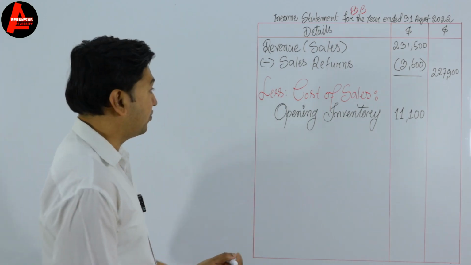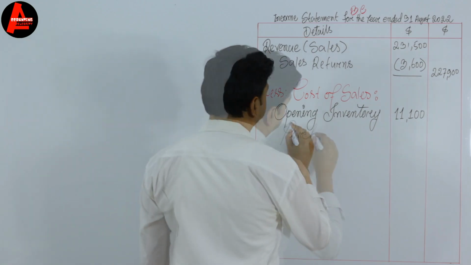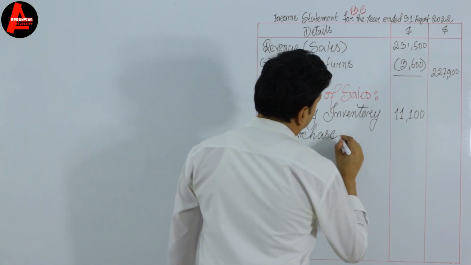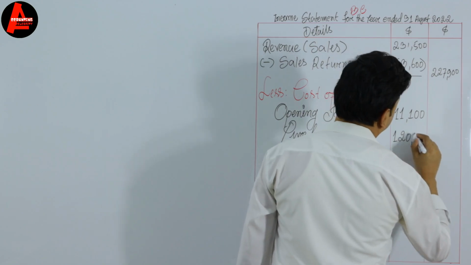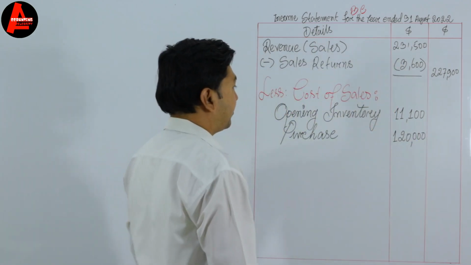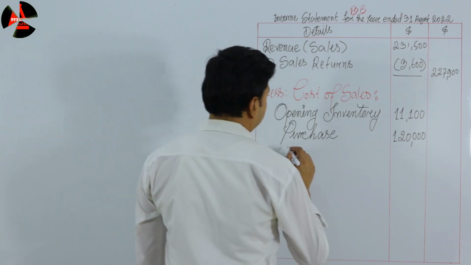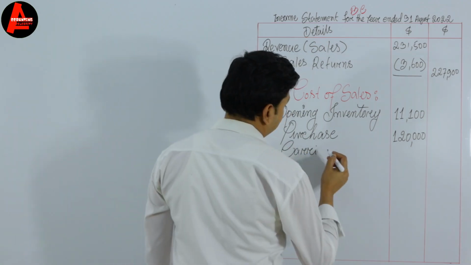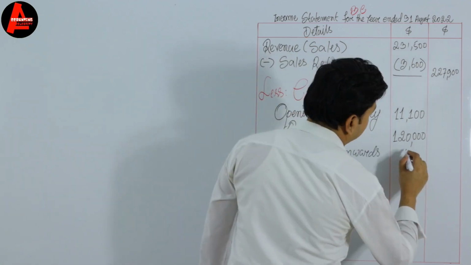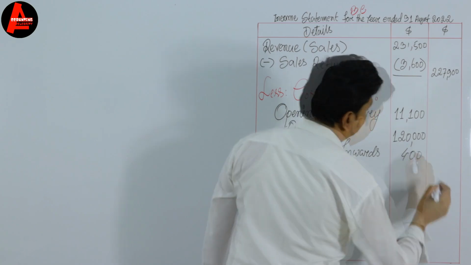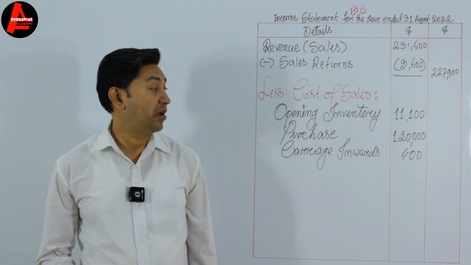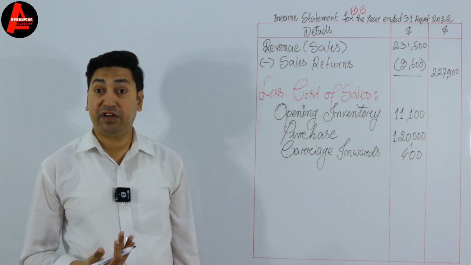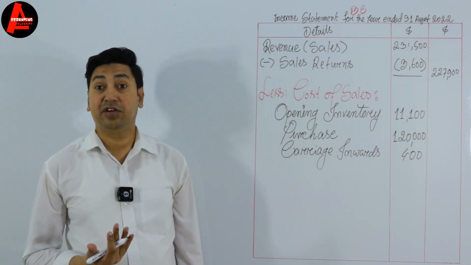So first of all, we will write here purchases, $120,000. Then on the past paper, we have carriage inwards, so let us include carriage inwards. It is $400.